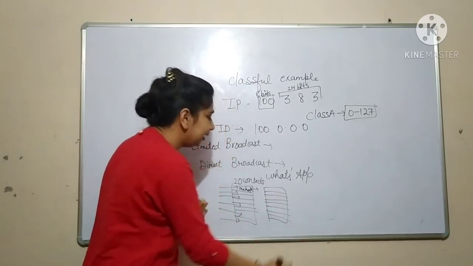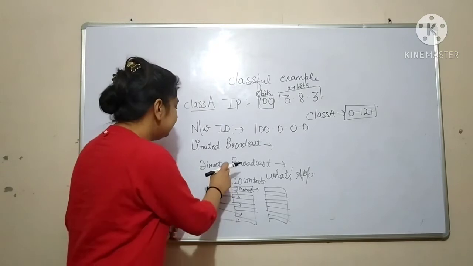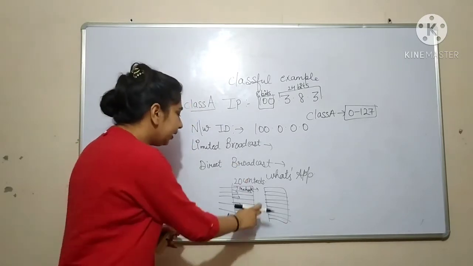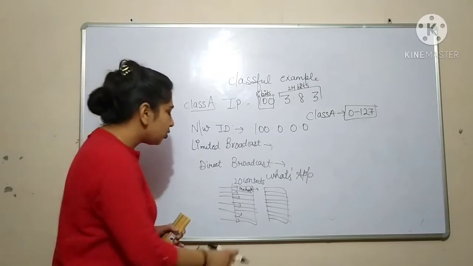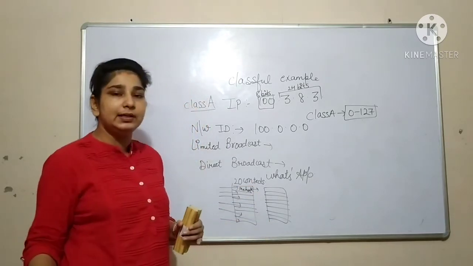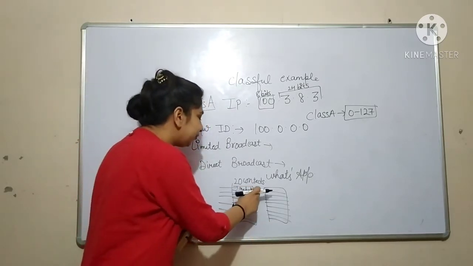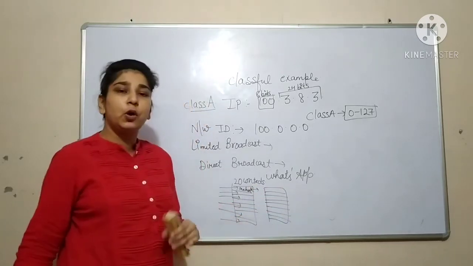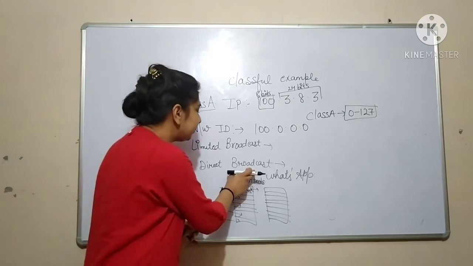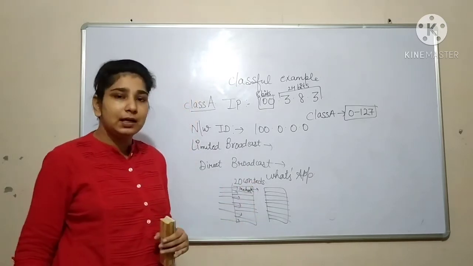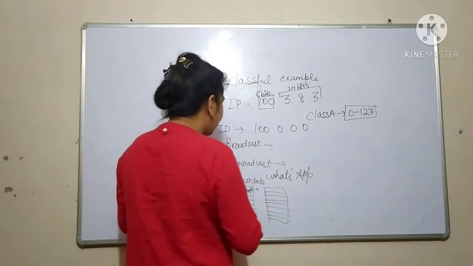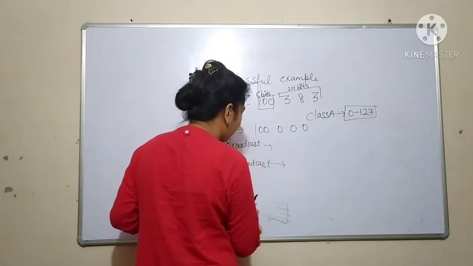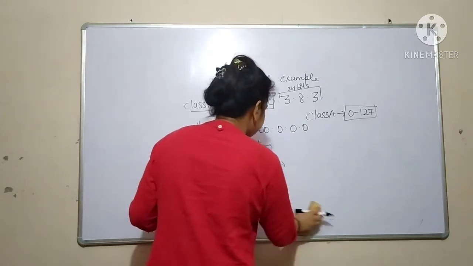You can consider this a direct broadcast address. If I am sending a message to all my contacts, that is limited. If I ask my friend Mehak to further send my YouTube video link to all of her contacts, that is called direct broadcast address. Now we will find out how we can find the limited and direct broadcast address.